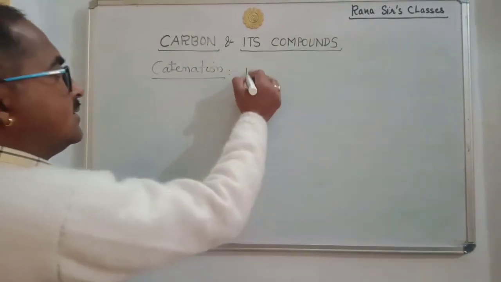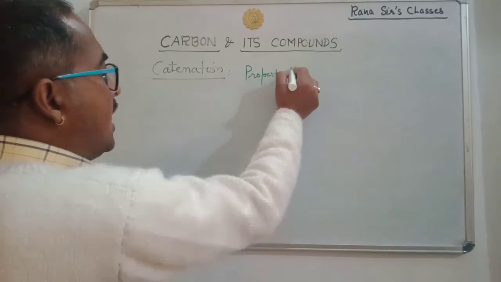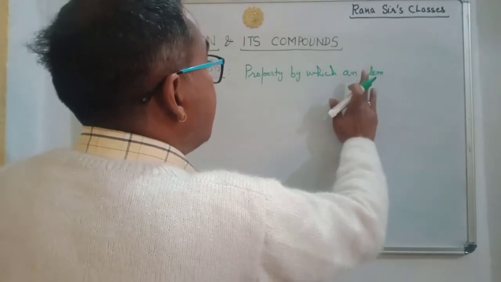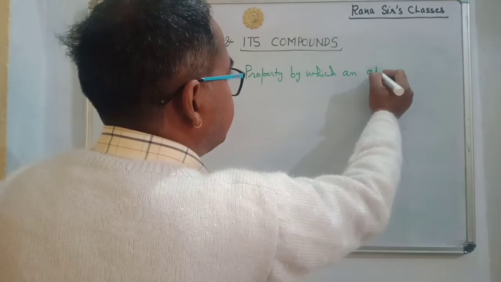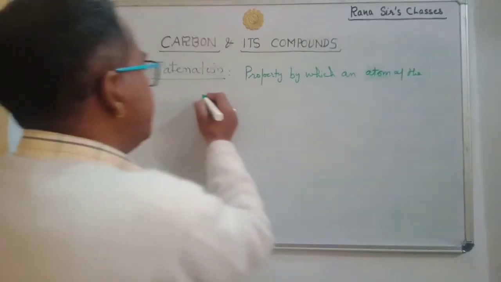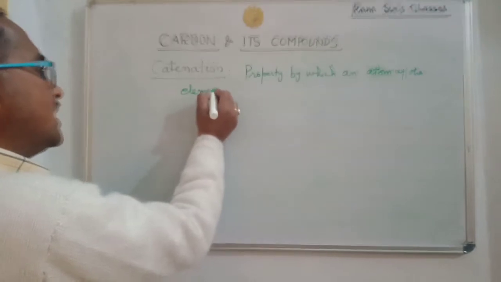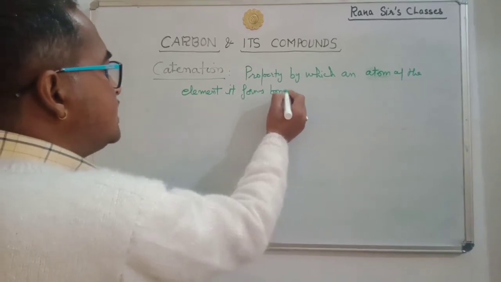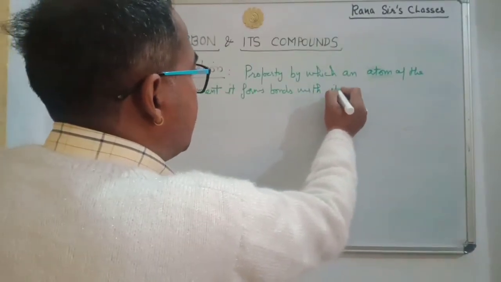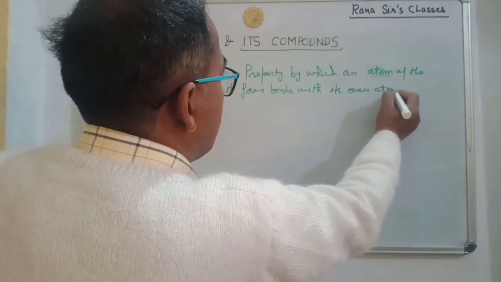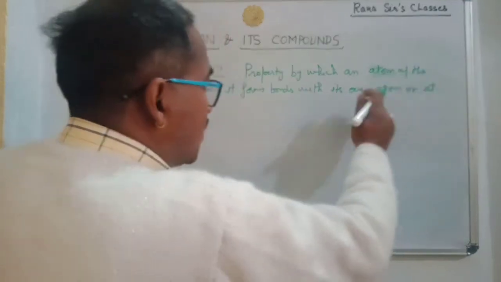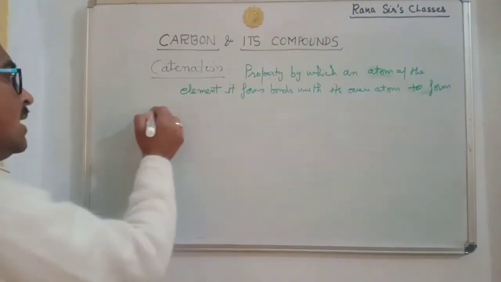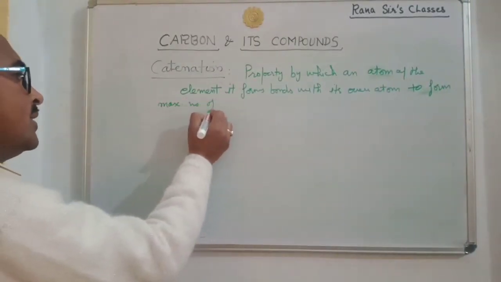Catenation is the property by which an element, an atom of the element, and in case of carbon, we can say the carbon atom, forms bonds with its own atoms to form the maximum number of compounds.